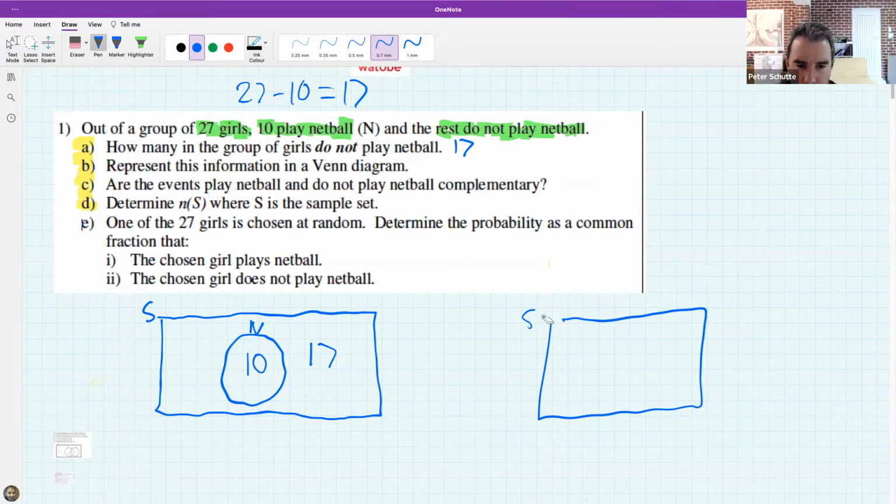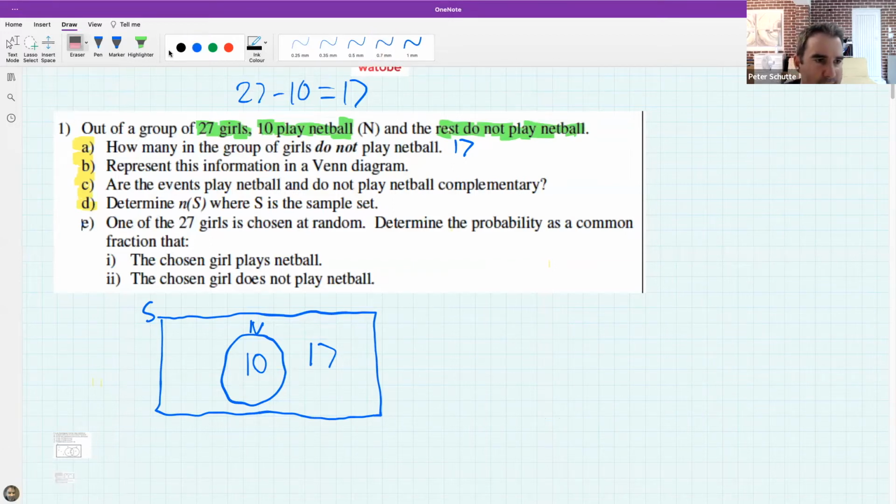Okay, so that was my Venn diagram. What about C? Are the events play netball and do not play netball complementary? Yes or no? How do we know if two events are complementary? Well, they're mutually exclusive, so they don't overlap, and they fill the whole sample space. In this situation, you can't play netball and also not play netball.